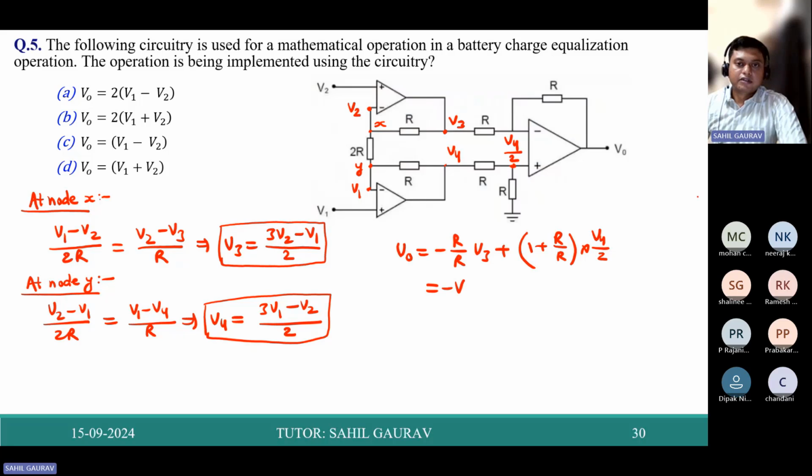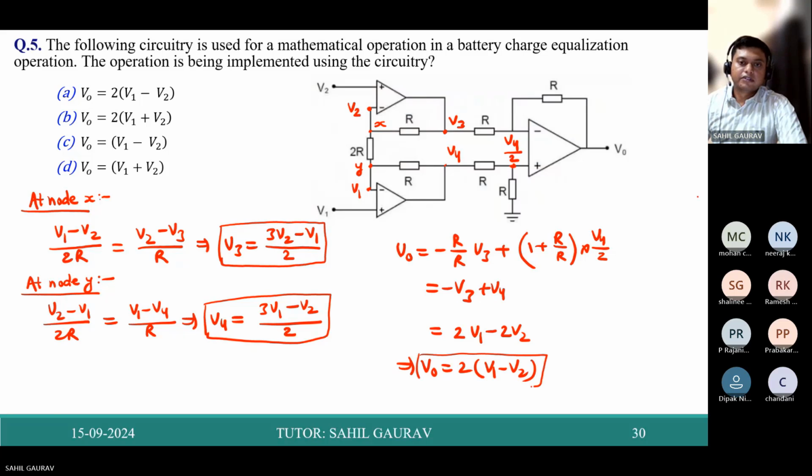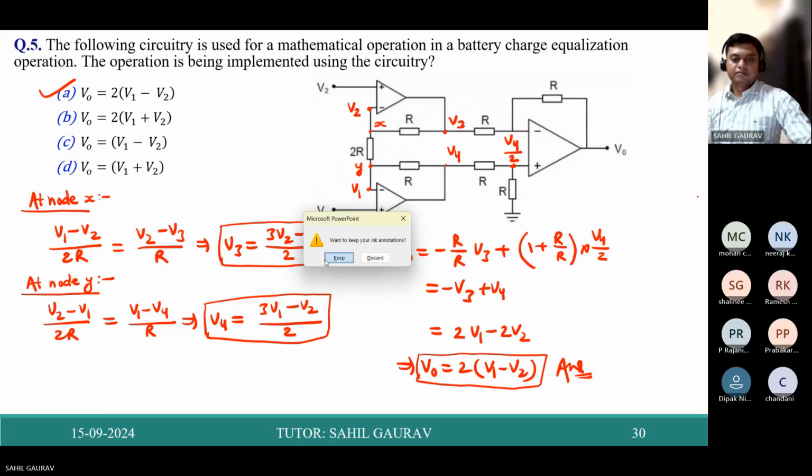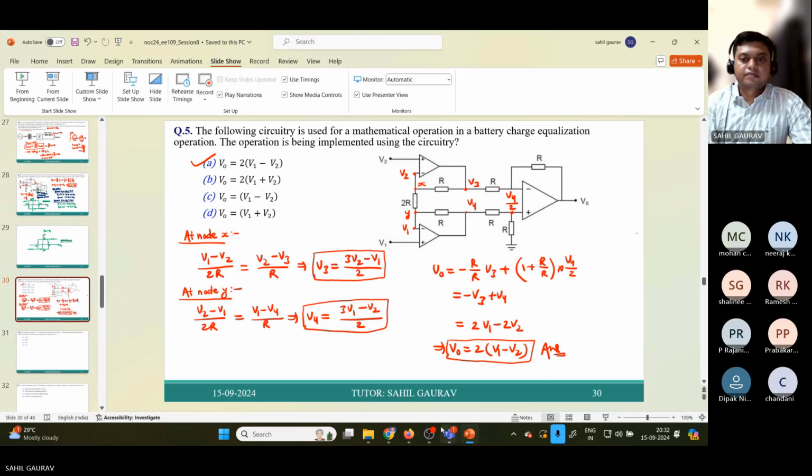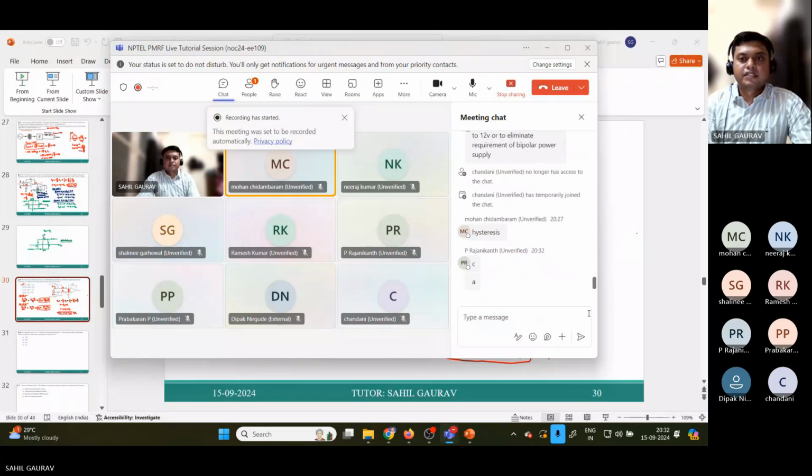So you will get minus V3 plus V4. So V0 will be 2V1 minus 2V2, so V0 equals 2 times (V1 minus V2). This is the correct answer. Which option is matching? A option is correct. Yes, Rajnikant, correct. A option is correct.